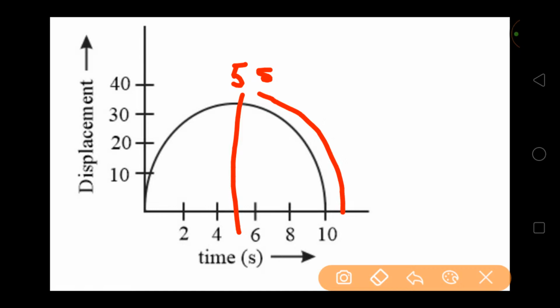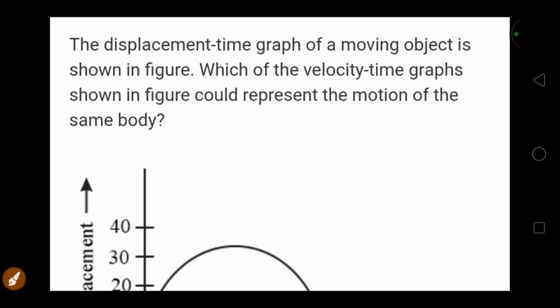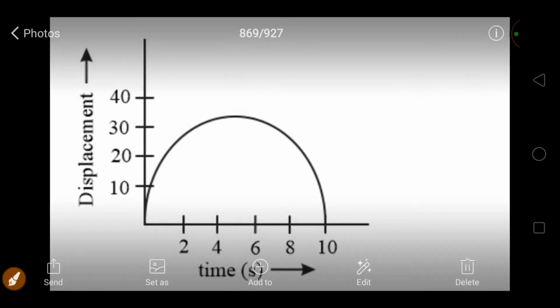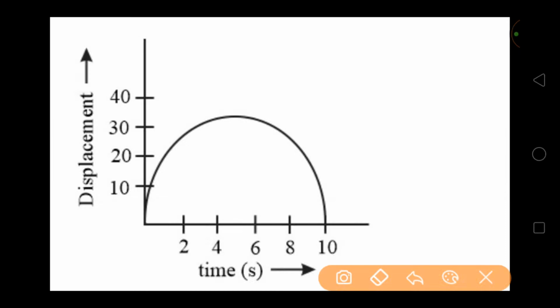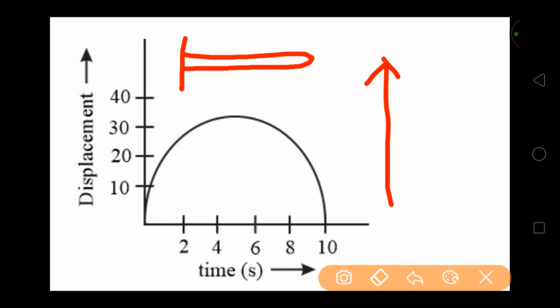So the velocity time graph is what they're asking. The object is going in one direction and finally returning along the same path. That's why the displacement is zero.